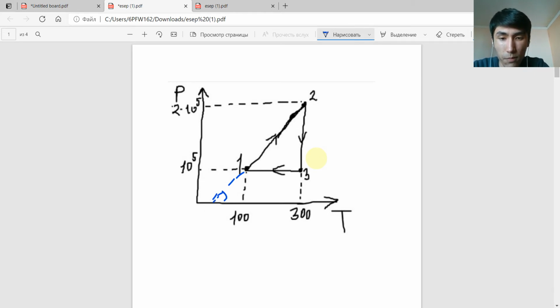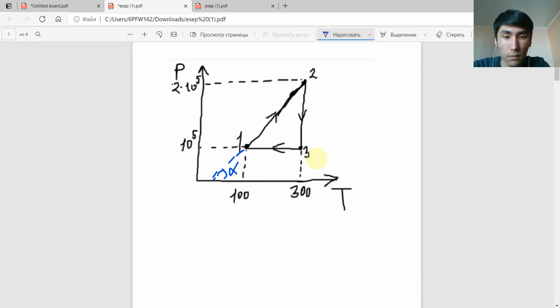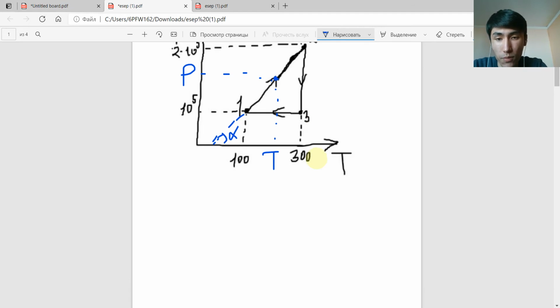Here is the angle, tangent alpha. We can draw this point to find the T and P. Let's start to find the tangent of angle alpha.